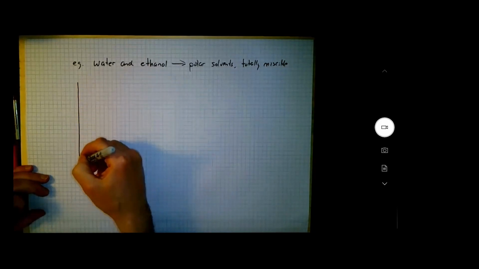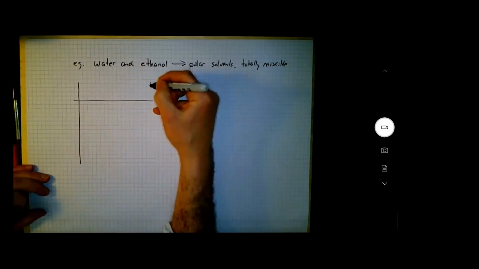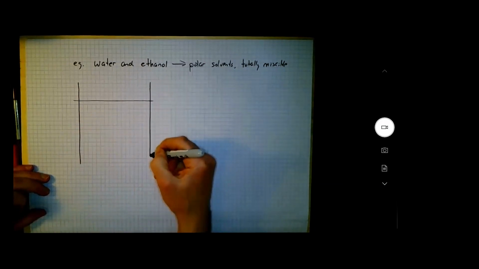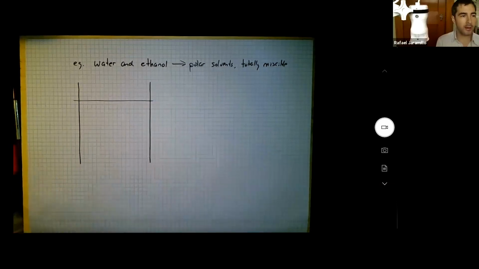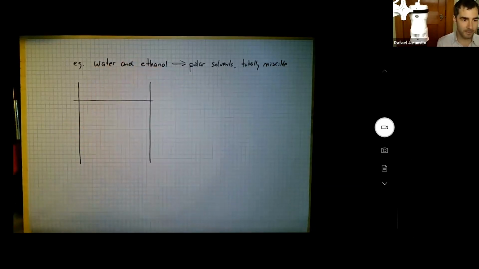Yeah, like in every composition, they don't separate regardless of composition. Yeah, that's right. So I'll repeat what Elise said. It means that there's no phase separation. There's no solubility limit. Unlike the sugar water system, these two components will always mix at any composition.